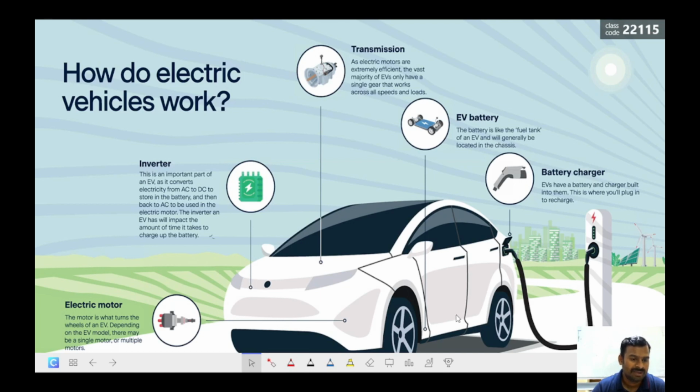This AC supply will be fed to the motor, an induction motor or a permanent magnet motor. The accessories which need a DC supply directly will also be fed.